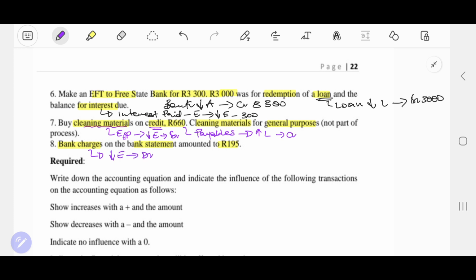It means that you debit expenses. And then how do you pay for these bank charges? You are paying for these bank charges using bank. So bank, which is an asset, is going to go down because money is going out. So this will result in a decrease in assets, which is going to be credited. Debit, credit.